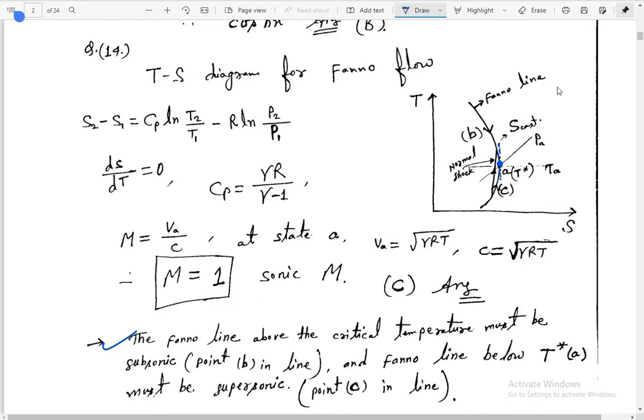So this is the point, and above this, that is the point B, this line must be subsonic, and below the critical temperature, that is line C, must be supersonic. So this is supersonic and this is subsonic.